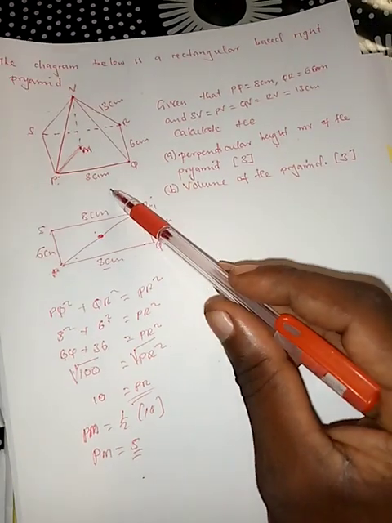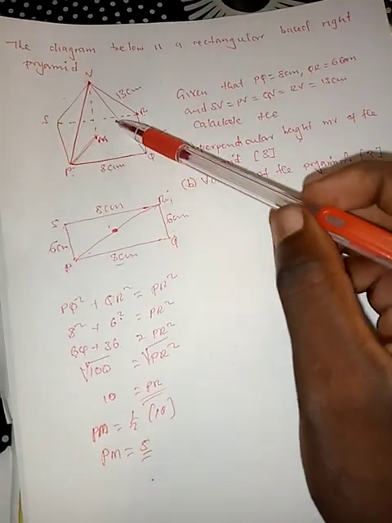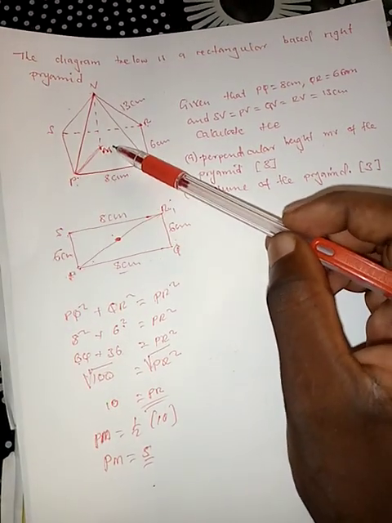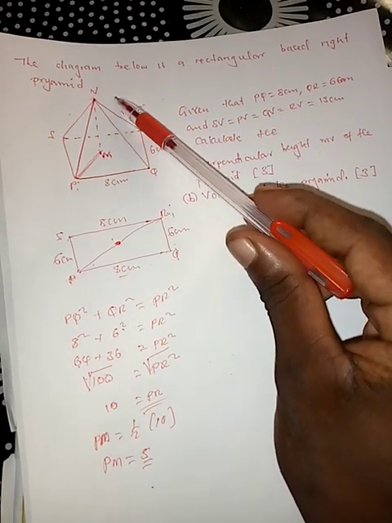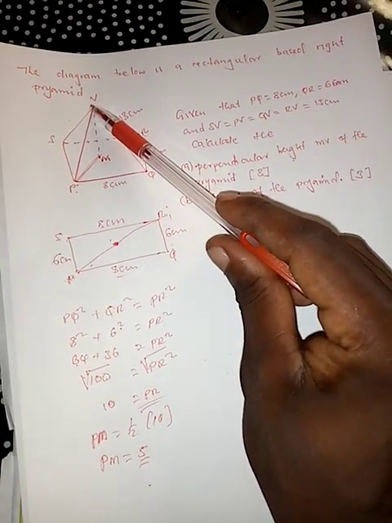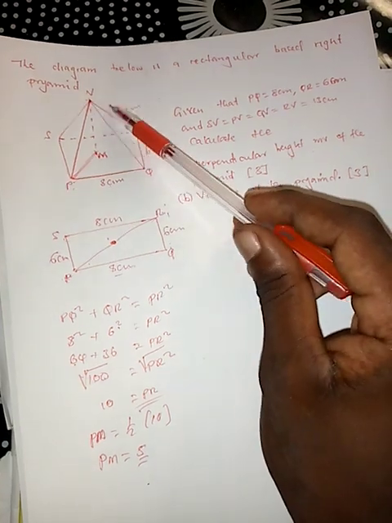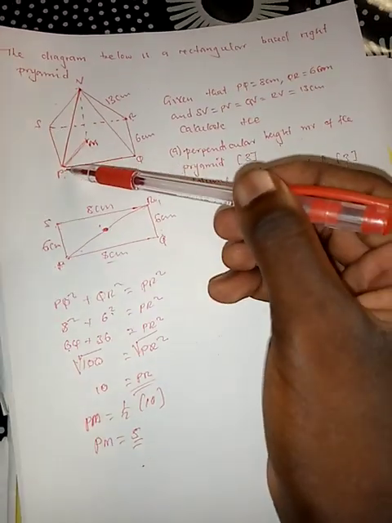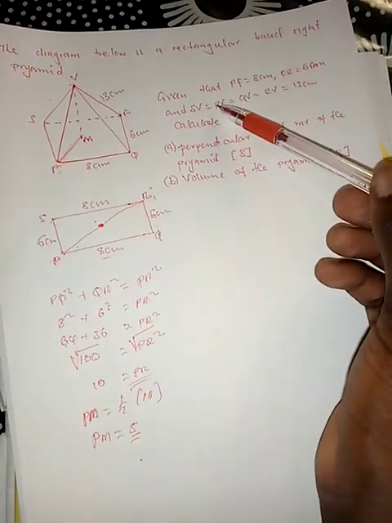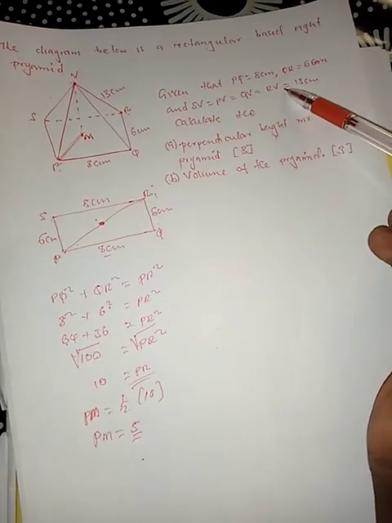Now I can go back to my original question and calculate the perpendicular height MV of this pyramid. Using this triangle, PM squared plus MV squared must give me PV squared. As you know, they are saying SV equals PV equals QV equals RV, which is 13.